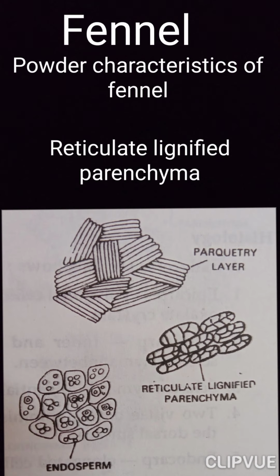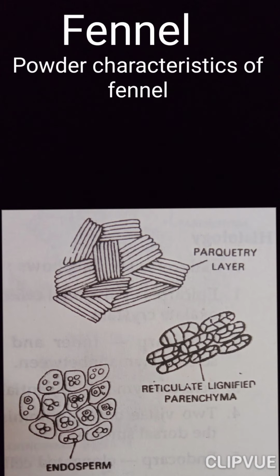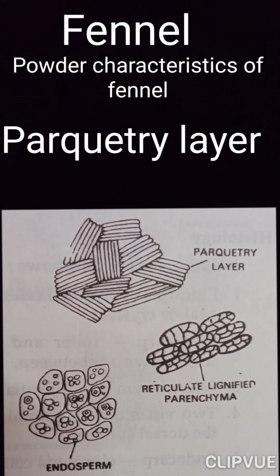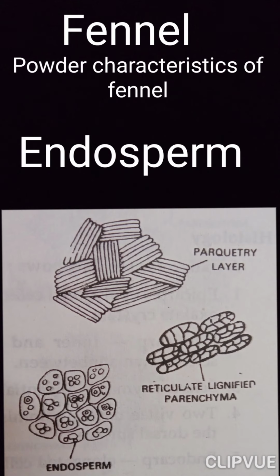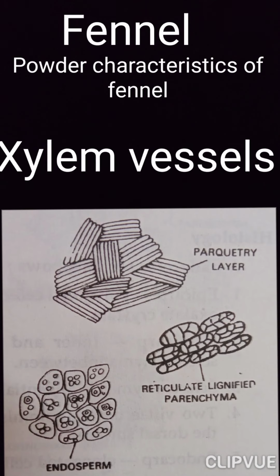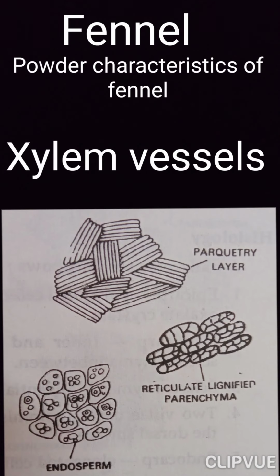Second, vittae can also be observed. Third, parquetry layers are visible in a broken form. The endosperm can also be seen as in the TS of fennel. Then xylem vessels are also visible as they were in the fruit.